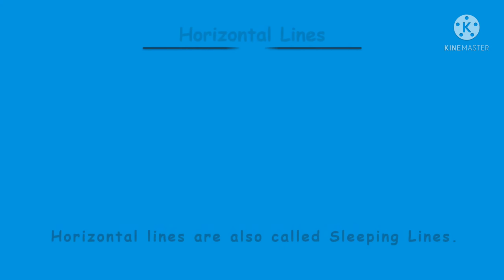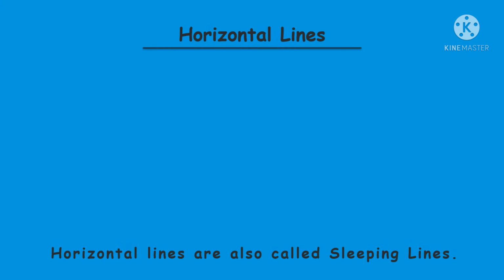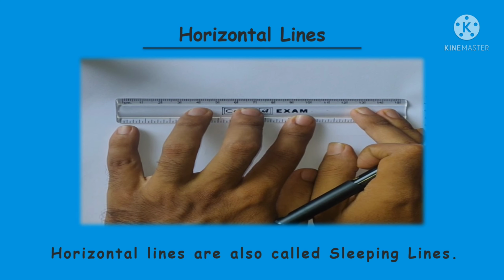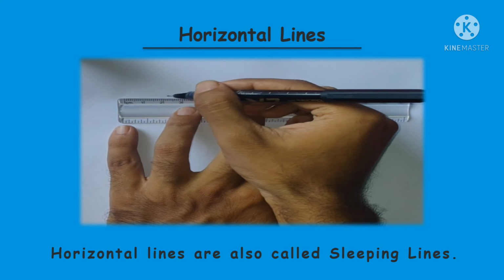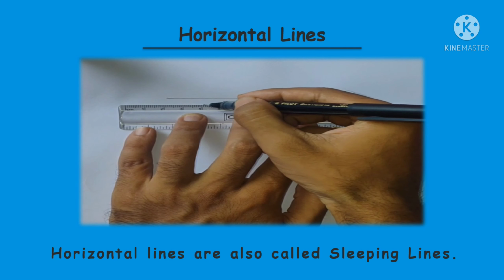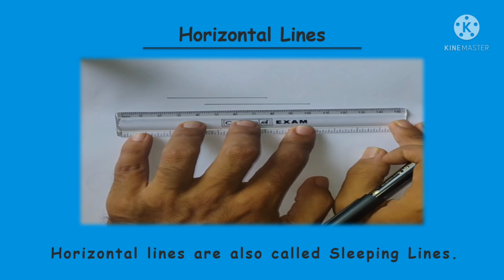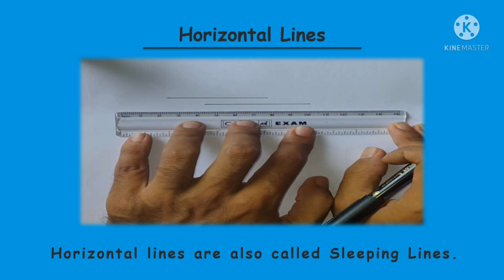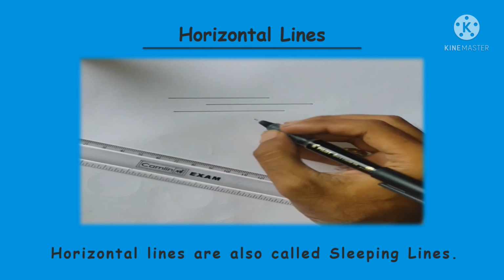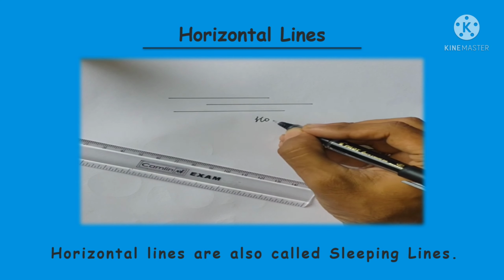The first type of straight line is horizontal line. Horizontal lines are also called sleeping lines.